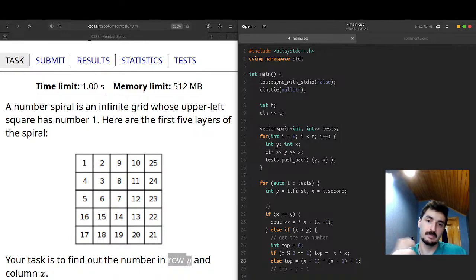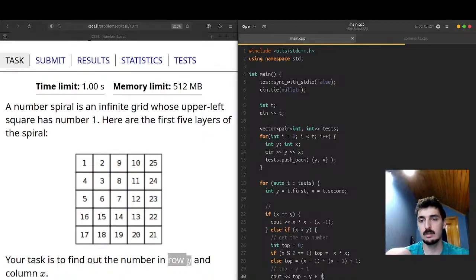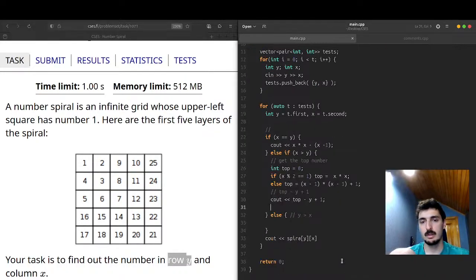Yeah, this is the top number. And we should just see out top minus y plus 1. That's basically it.